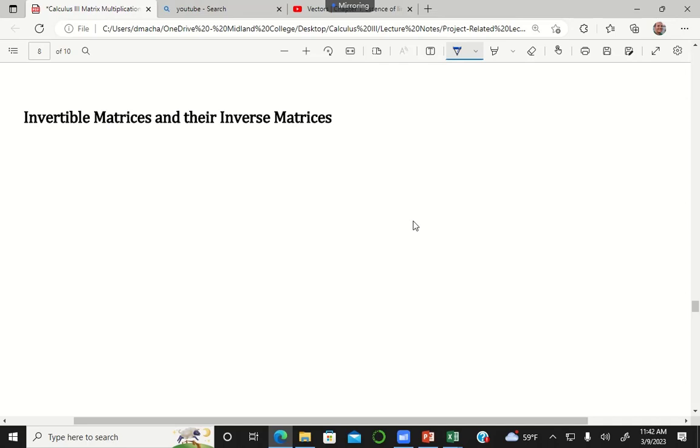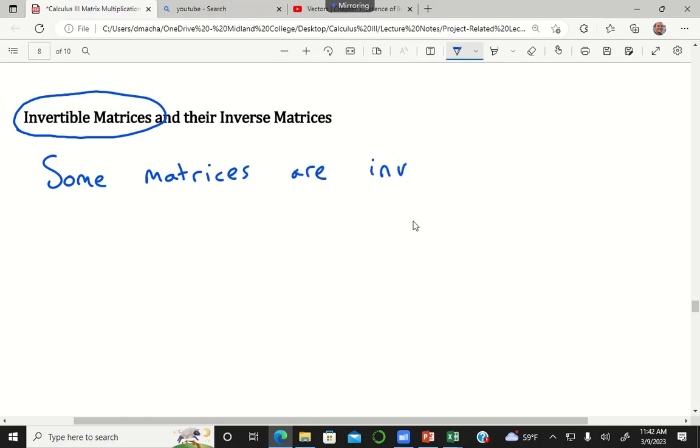So some matrices have a property that we call invertible. Some matrices are invertible. Not every matrix is invertible, however.